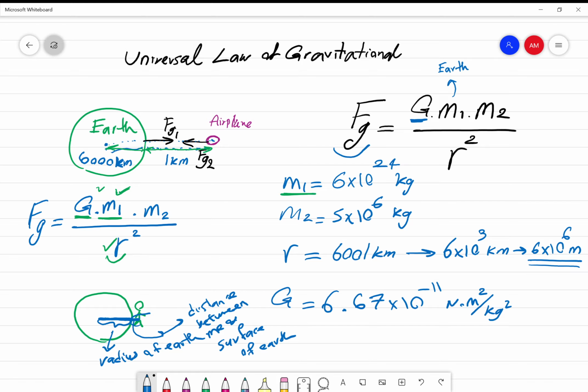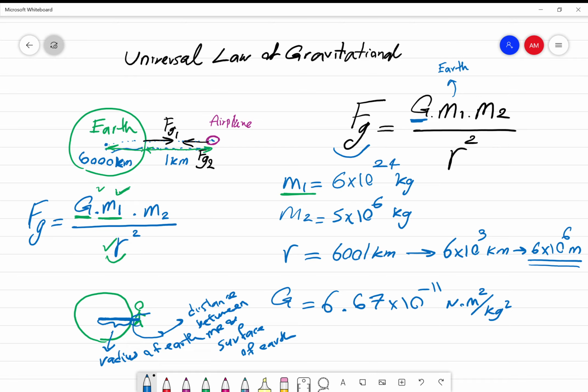If your height is, let's say, how tall are you? So let's say 174, and then your center of body would be half of that.